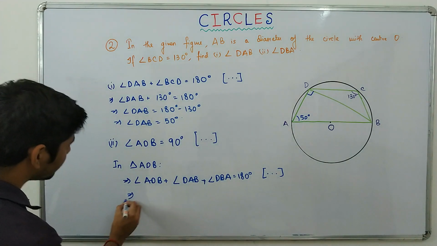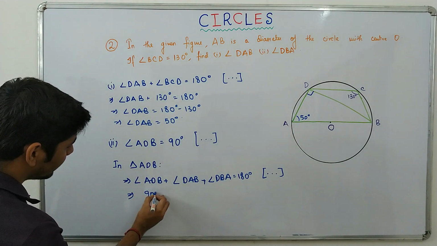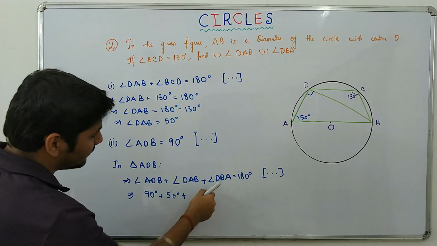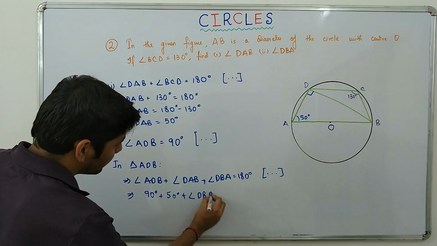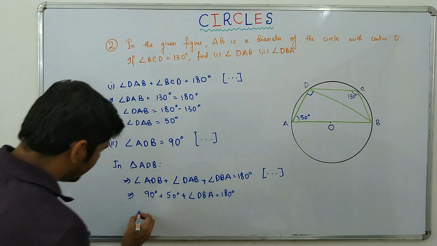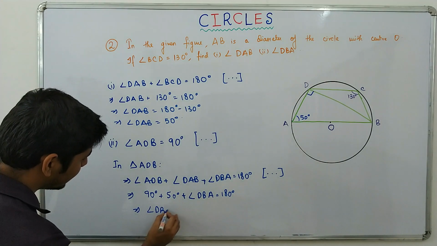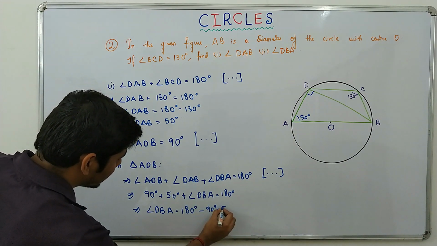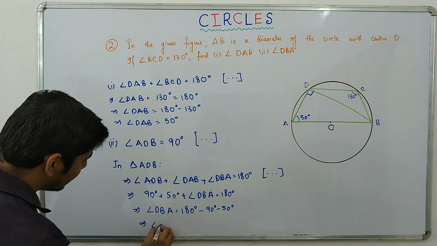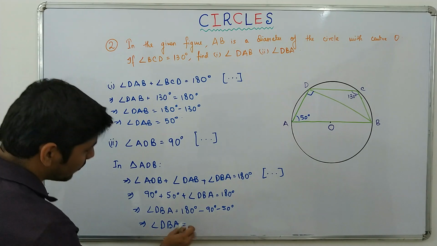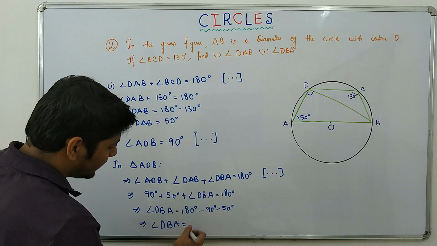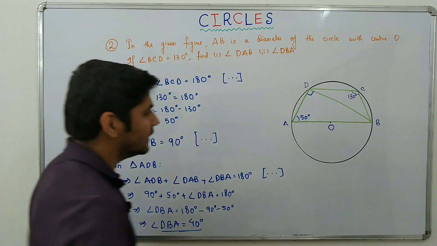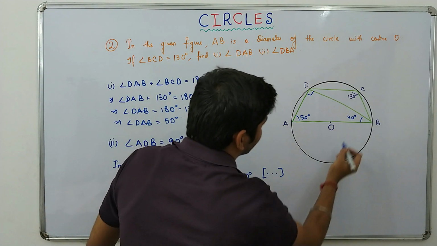So I get angle ADB, that's 90 degrees, plus angle DAB, that's 50 degrees, plus angle DBA, we have to calculate that, is equal to 180 degrees. So angle DBA is equal to 180 degrees minus 90 degrees minus 50 degrees. So we get angle DBA as 180 degrees minus 140 degrees, that's 40 degrees. So the second answer, angle DBA, is 40 degrees. This is 40 degrees. Okay.